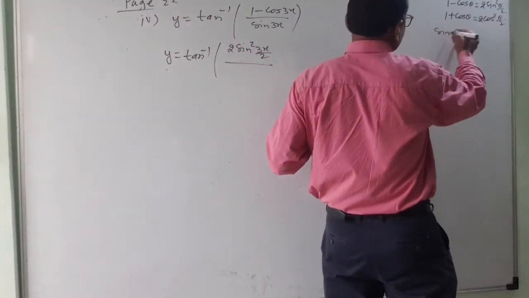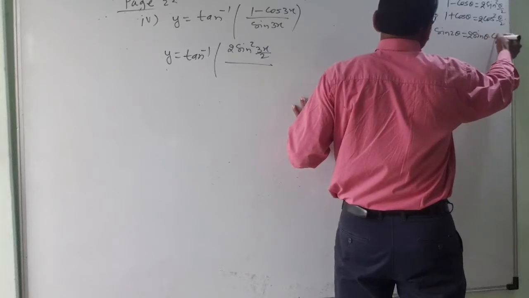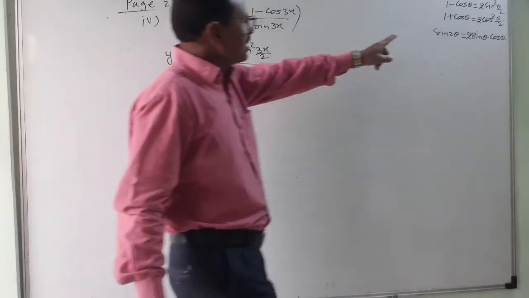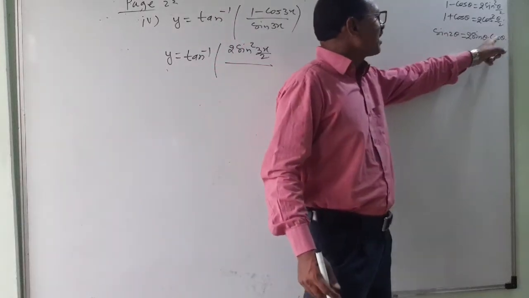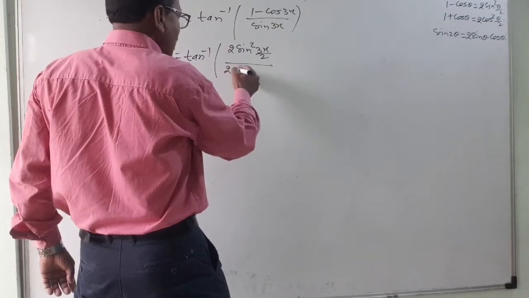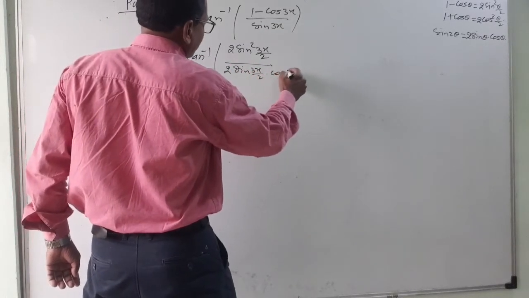This formula I will use: sin 2 theta is equal to 2 sin theta into cos theta. Here it is double angle, here it will become half angle. So here this is double, so half angle means 2 sin of 3x upon 2 into cos of 3x upon 2.